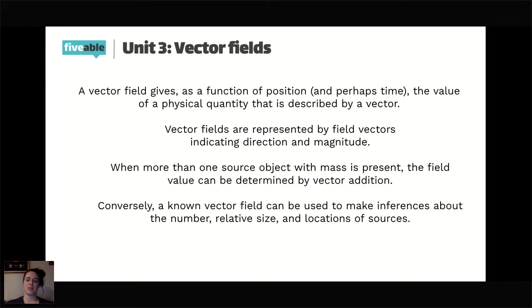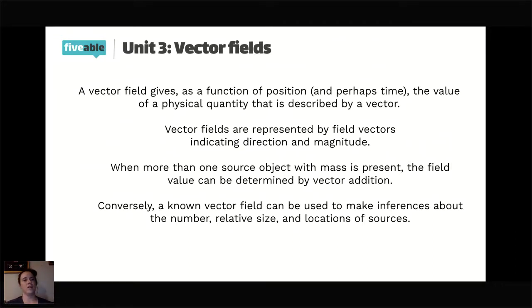So going back to our Earth picture from earlier, how all the arrows were pointing towards the center, that's a vector field. And it's drawn by field vectors indicating the direction. And when more than one source object with mass is present, the field value can be determined by vector addition. So just like with forces, you find the total force by adding them all together. You find the total field by adding them all together.